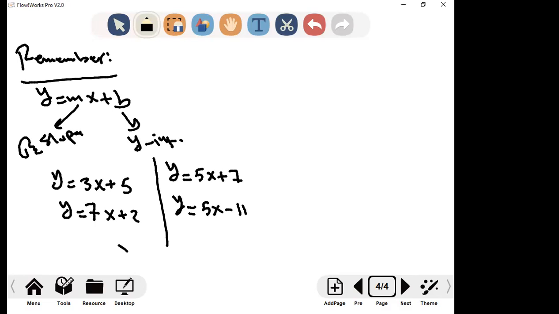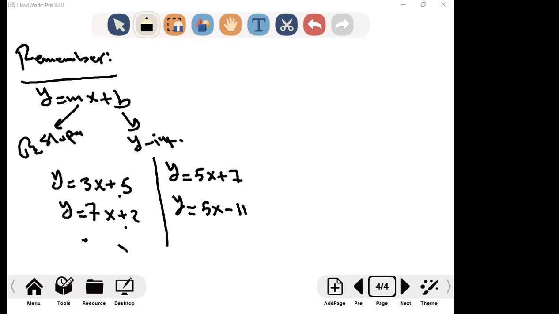What's the slope here? What's the y-intercept? Do we have the same lines? When the two lines are parallel, they have the same slope. Are these two lines parallel? No, they are not parallel. Are they the same line? No, so we have different lines. They will intersect. So here we have one solution.